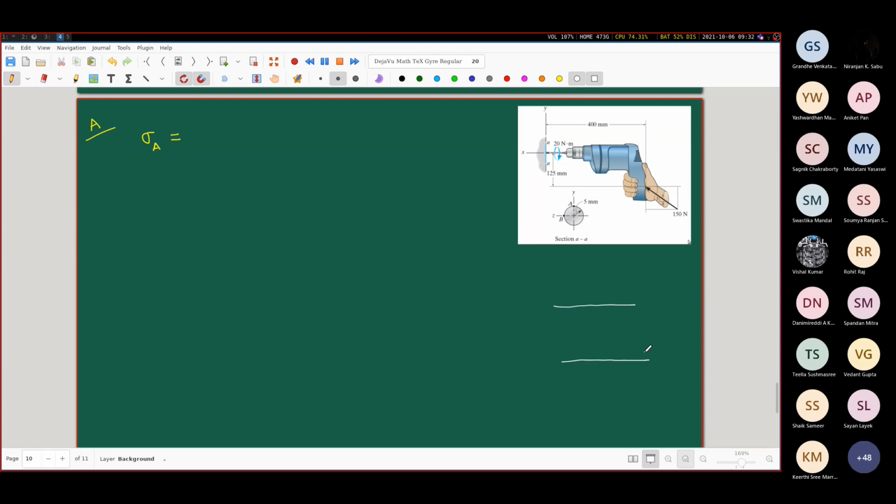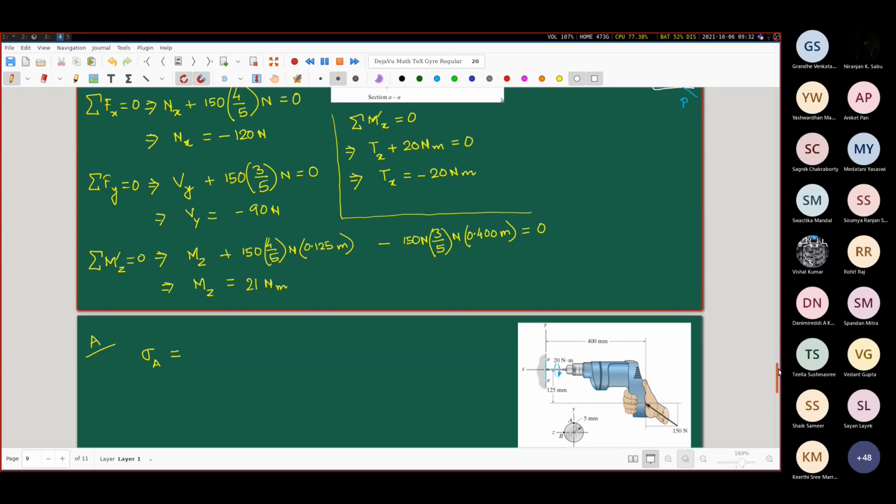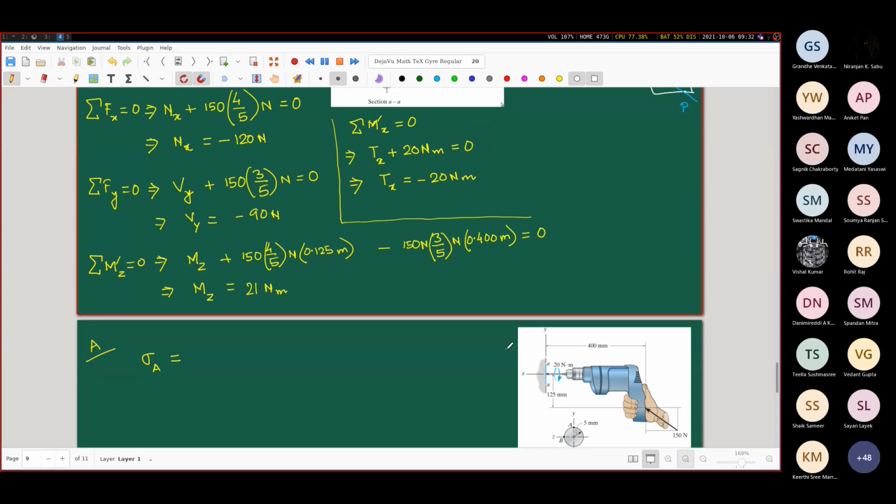A very zoomed in view of the drill bit. This is the cross section and we are interested at this topmost point A. This is our point of consideration. So here you try to think how the normal stresses will be generated as a result of these various combinations of forces. You refer to this diagram and all these things that are present and tell me.